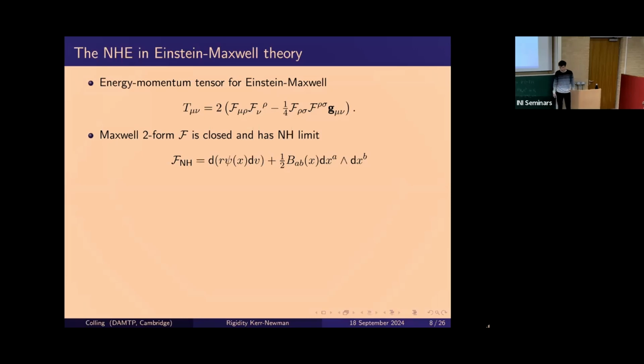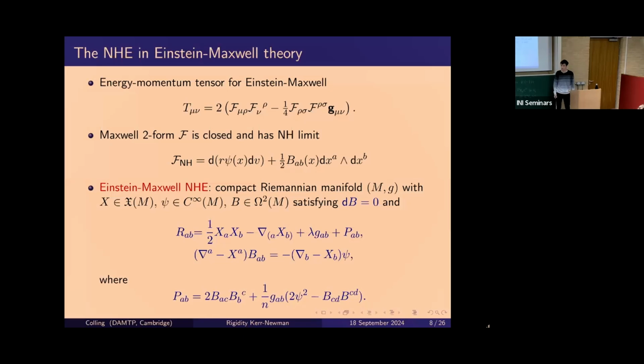Now you can go back to the equations I had earlier and simply plug in this expression for T mu nu, and you'll find the following Einstein-Maxwell near horizon equations. We're now solving not just for the metric and the vector field X, but also for a 2-form B and a function psi, and they have to satisfy all of this.